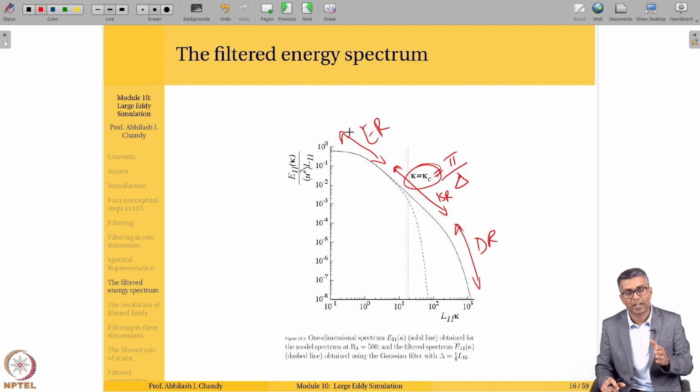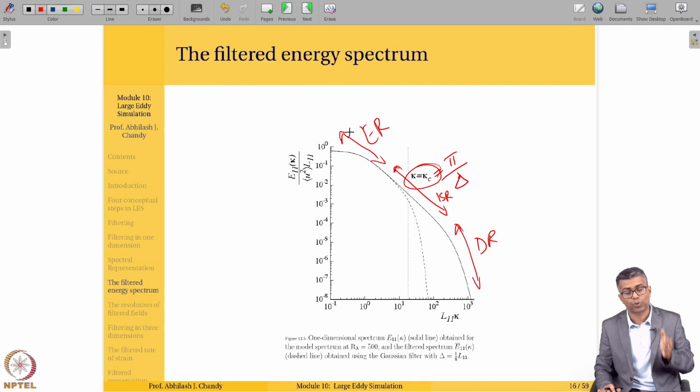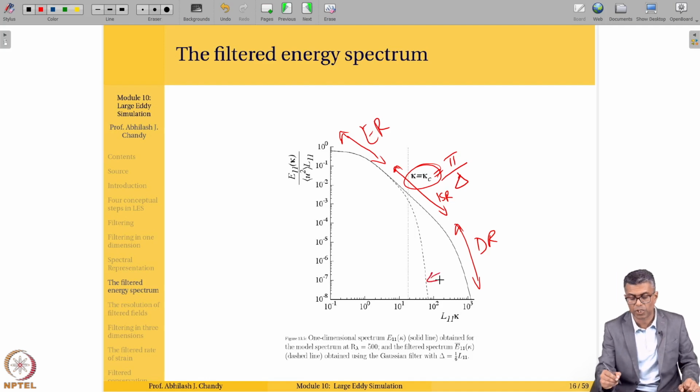So it is better to be in the inertial subrange, and that is what is done here. So my kappa c, I choose it to be in the inertial subrange, and then when I look at the filtered energy spectrum, as you can see, it drops down quite quickly right after kappa c.